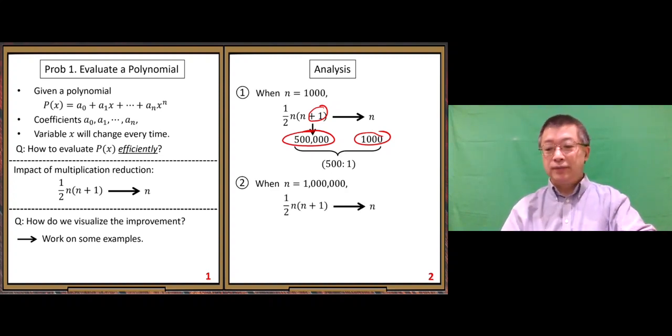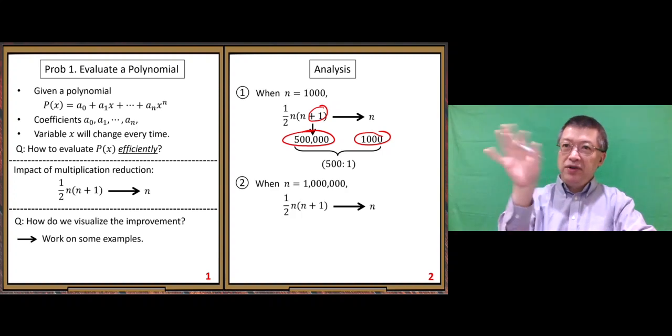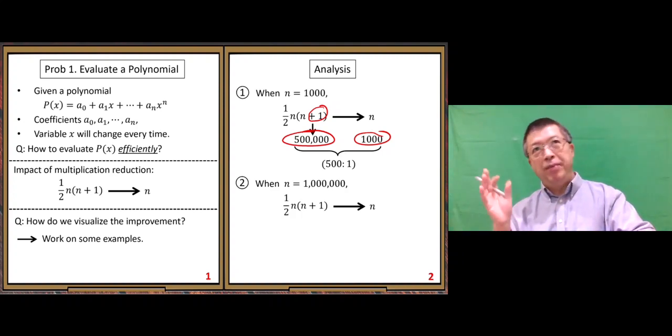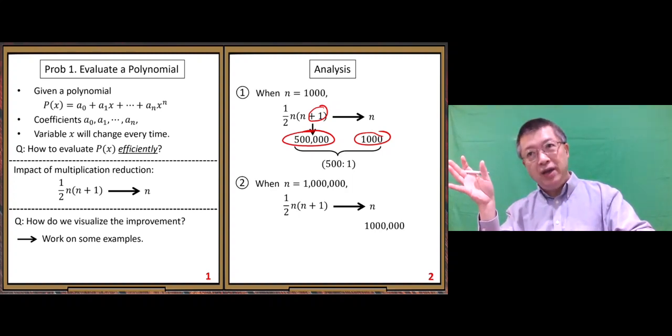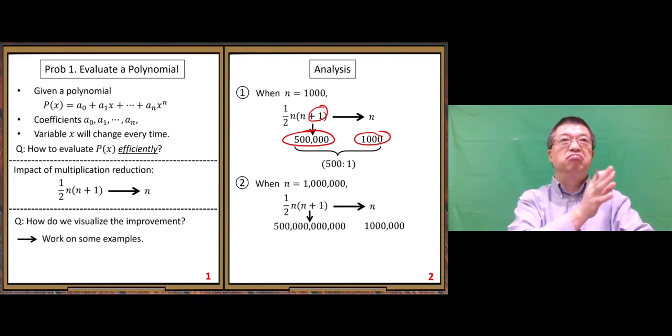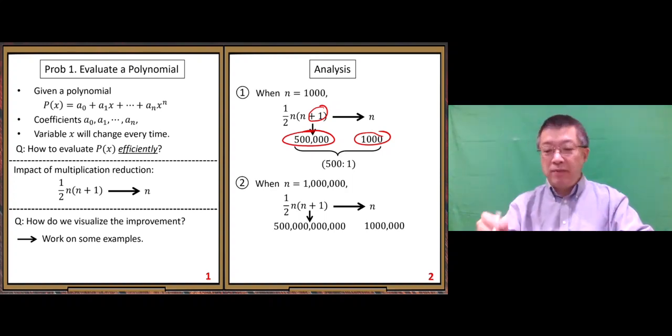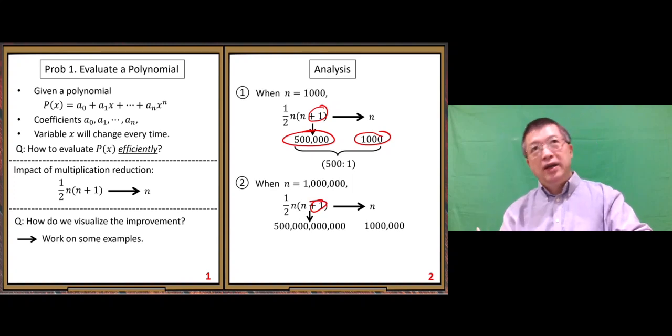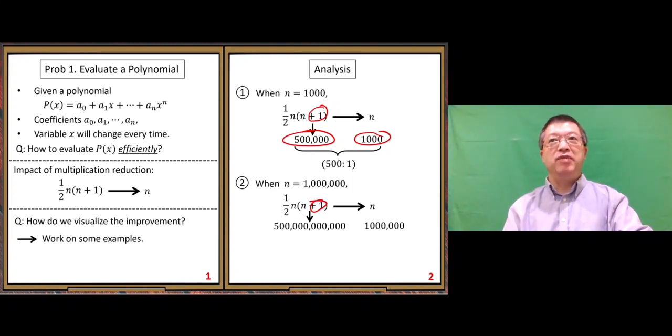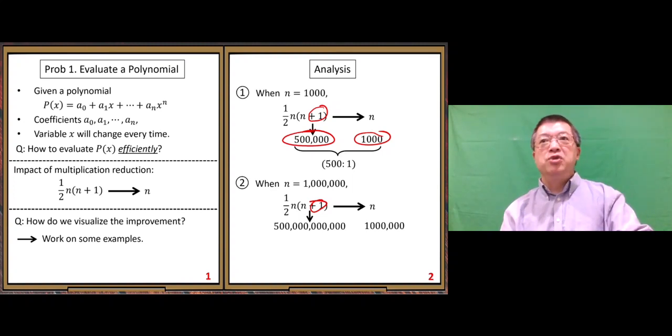All right. Let's plug in those two formulas and compare the difference. Right-hand side, 1 million. Left-hand side, how big is it? I still use the approximation, skip that 1, but this number, I think you can tell me, right? How big is this number? 500 billion.